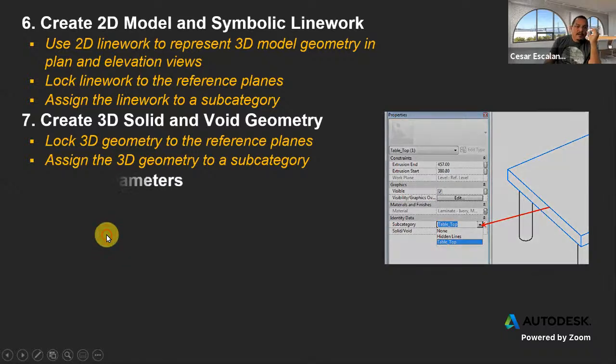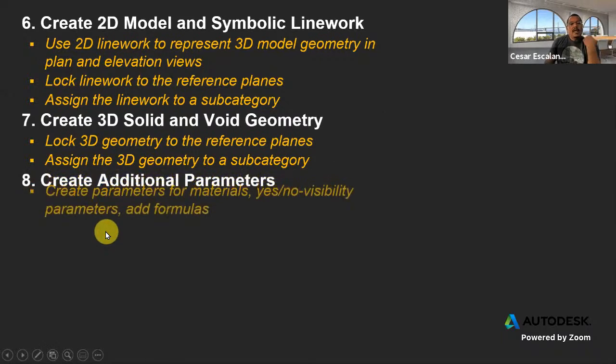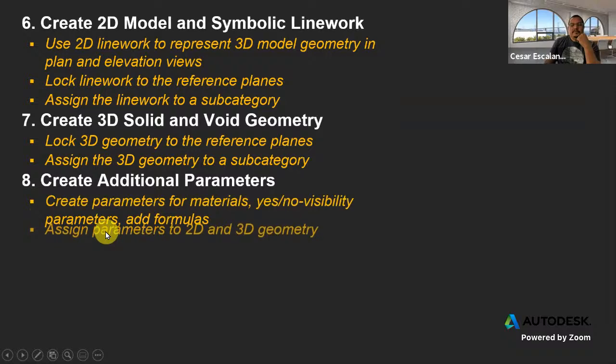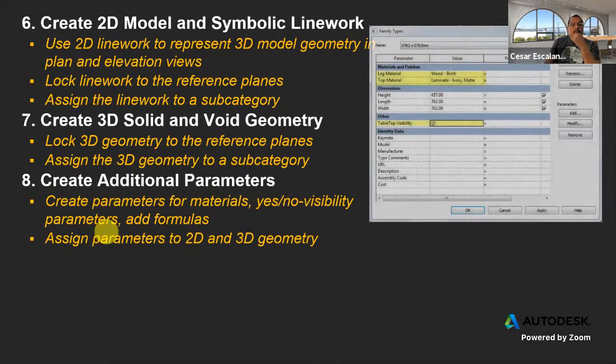So after I create the solid geometry, I could add additional parameters. We could define parameters for the materials. We can create yes/no visibility. We can have formulas. And we can assign parameters to the 2D or 3D geometry. The parameters I'm going to add here are materials for the leg and materials for the countertop.